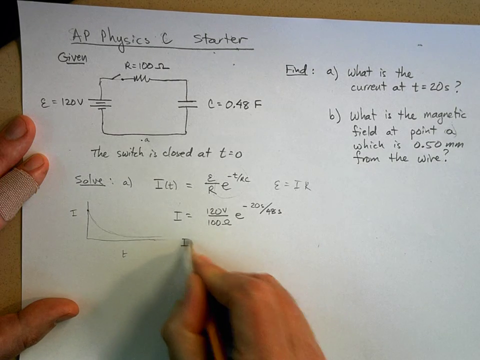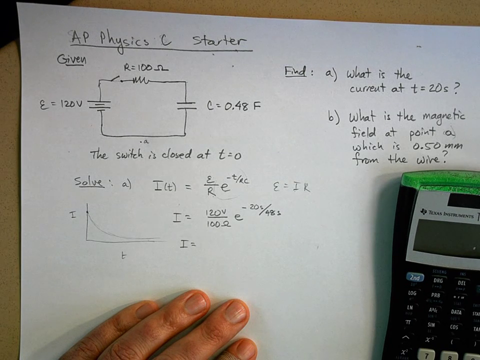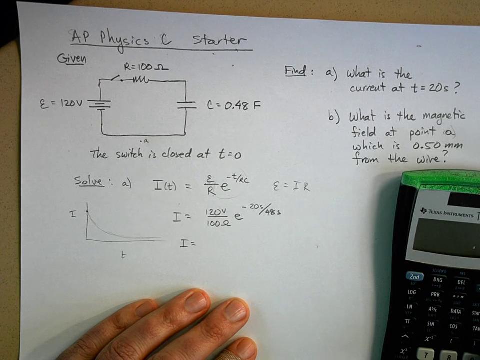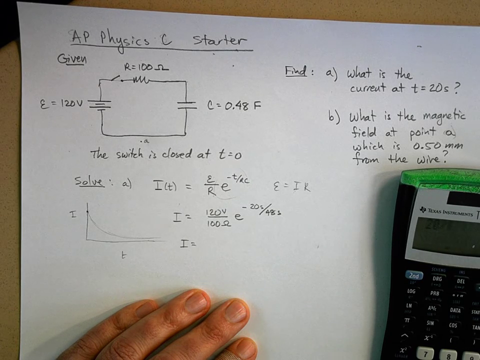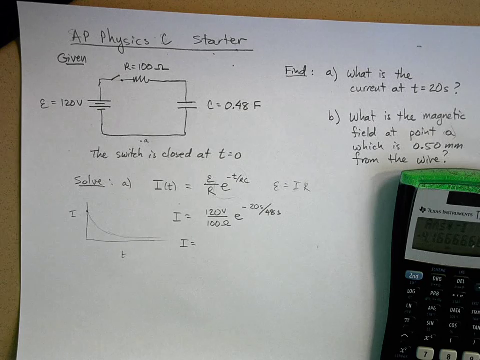And so I just need to plug all that into my calculator. Okay, so we've got 20 divided by 48 equals, let's make that negative, so negative 0.41666, and so on.